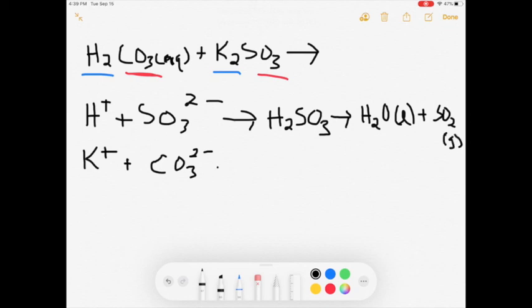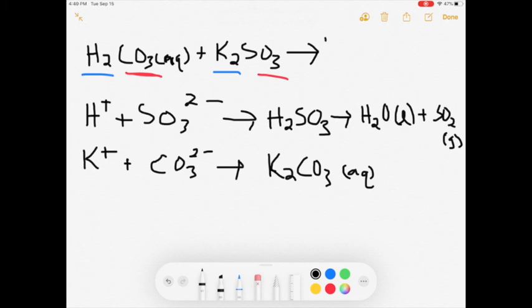Okay, and then my last product is right here, K2CO3. Okay, so I can look up that one to see if it's soluble. At the very top it says potassium is soluble, and there are no exceptions. So this will be aq.